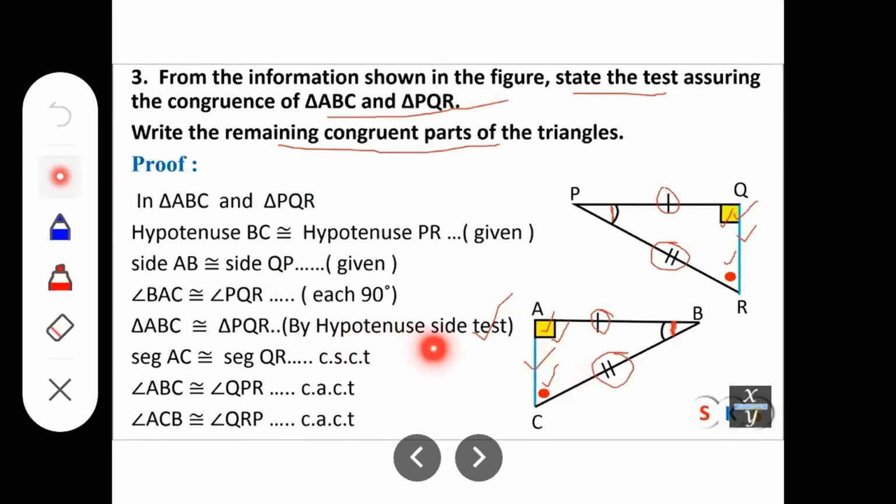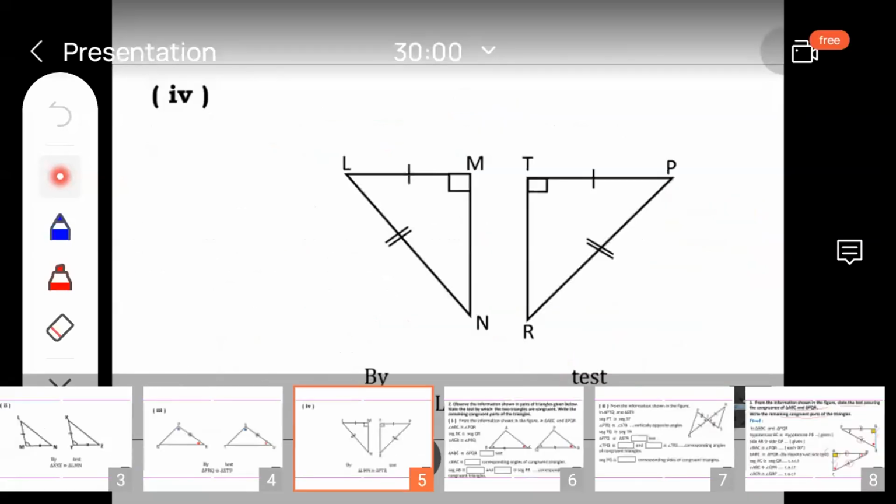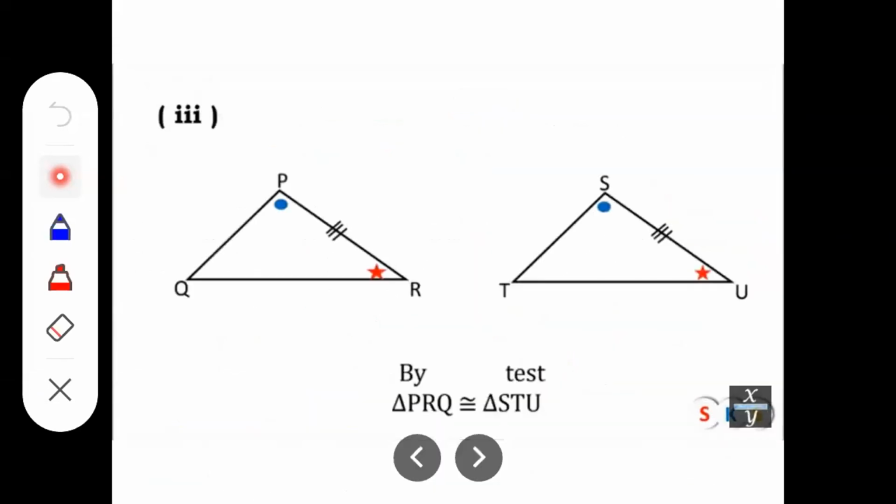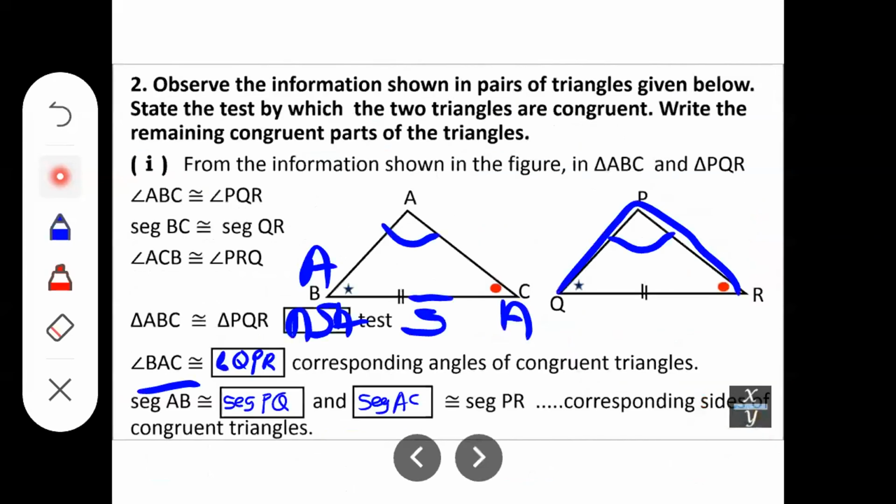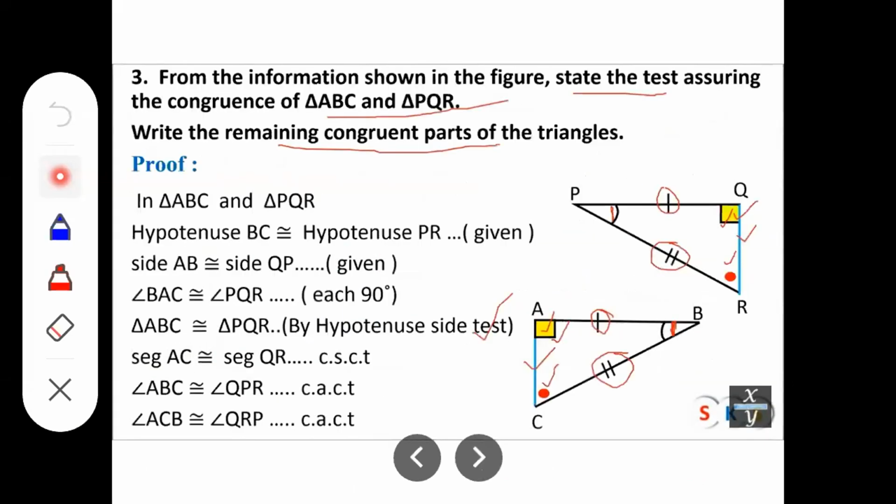Now hypotenuse side test means H and S we have to find out. So we have to find the hypotenuse. Now, which is the hypotenuse? The side opposite to the 90-degree angle. So this is the hypotenuse.